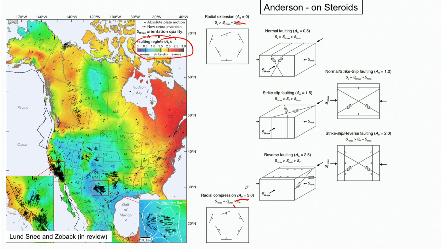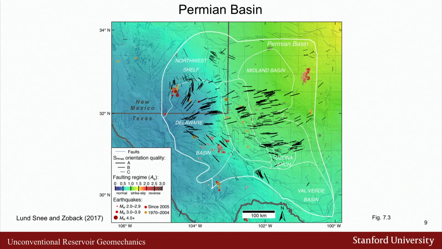But it's also due to large-scale crustal dynamic processes, the movement of the North American plate over the asthenosphere. And in this paper that Jens and I have written, we talk about this map in the context of geodynamics, not particularly relevant to this course.